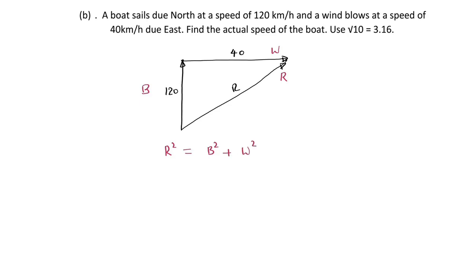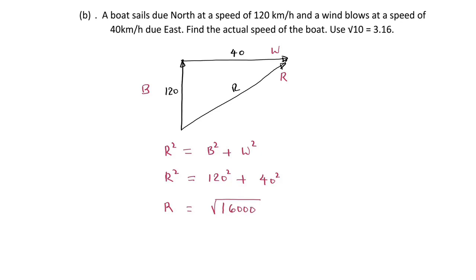Now let us substitute the values which we have. Our equation is going to be R squared equals 120 squared plus 40 squared. Applying the root on both sides and computing, we are going to have R equals under root 16,000.